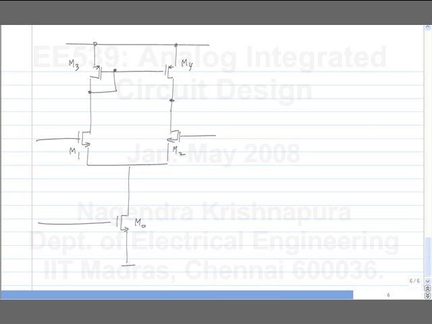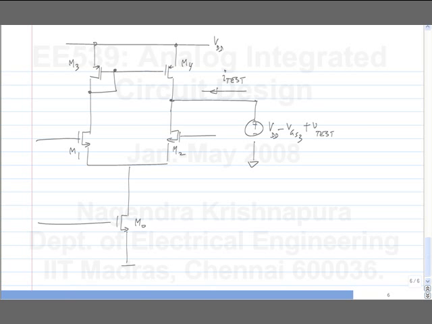Now to calculate the output conductance, what I can do is, I have this quiescent voltage, VDD minus VGS3. To that, I add an increment, V test, and I measure the increment in the output current. The quiescent current anyway was 0, so I measure the current I test and find out the output conductance.